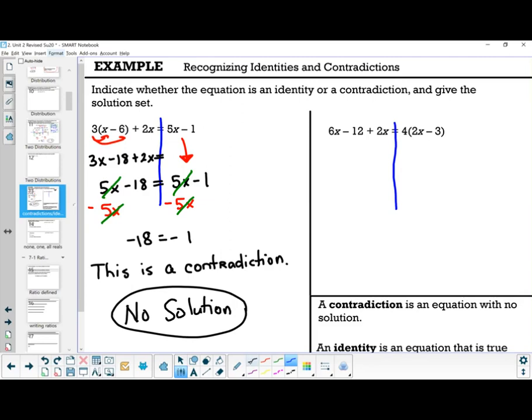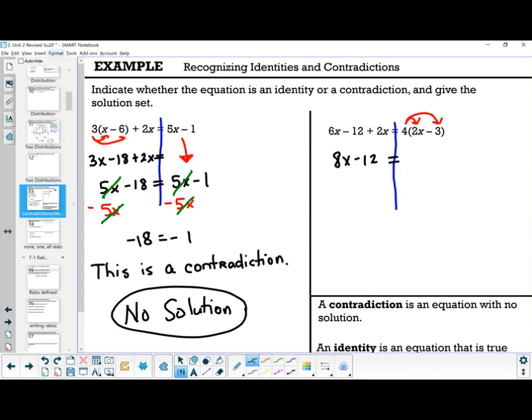On the left side, I have a 6x and a plus 2x. There's no reason why they need to be written separately. 6x and 2x is 8x. Okay, the left side has been simplified. The right side can be simplified by distributing.